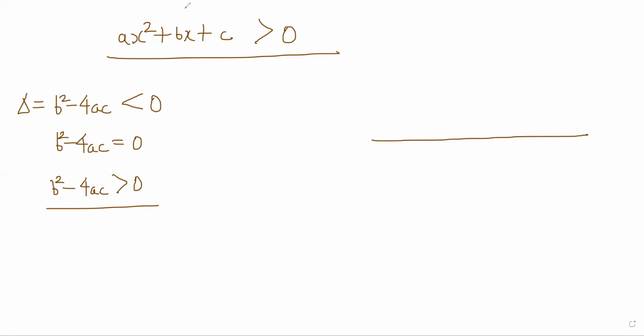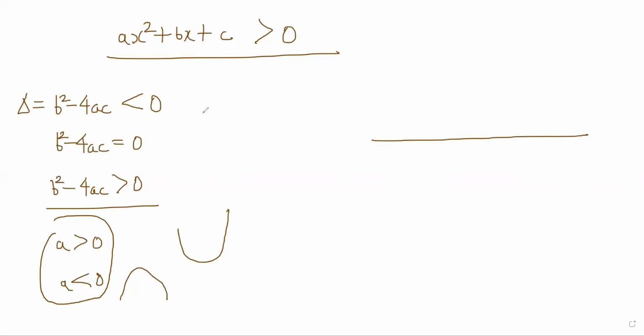Yeah. And also the sign of a determines whether the graph opens upward like this or opens downward like this, right? Yes. So given a, b, c, we can find out how the graph will look. There are 6 possibilities actually: 3 possibilities here and 3 here.